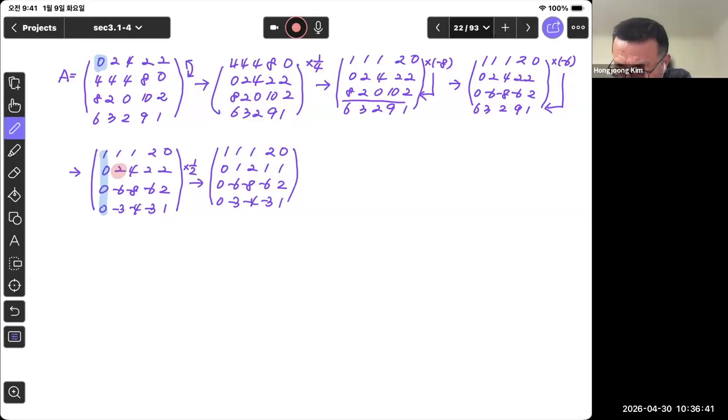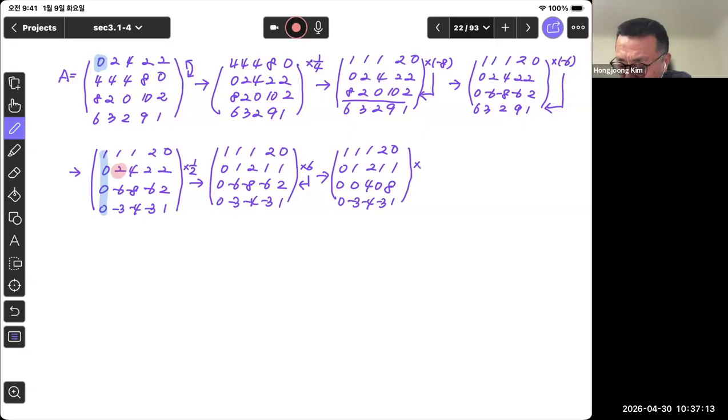Then if I multiply 6 to the second row and add it to the third row, the matrix becomes 1, 1, 1, 2, 0, 0, 1, 2, 1, 1, 0, 0, 4, 0, 8, and the fourth row 0, negative 3, negative 4, negative 3, and 1.